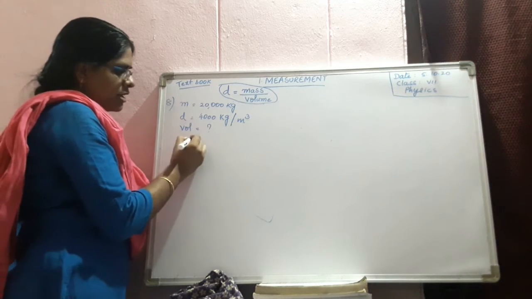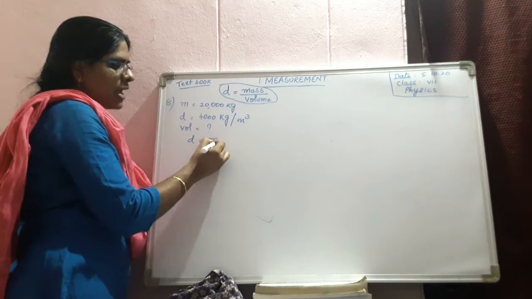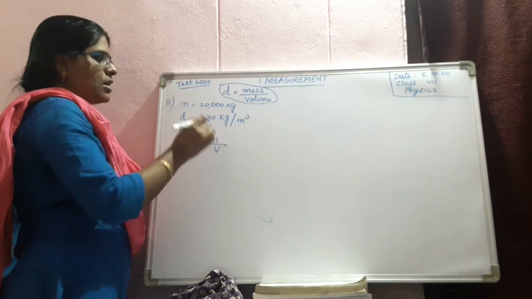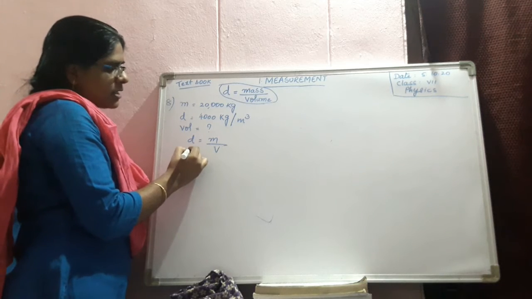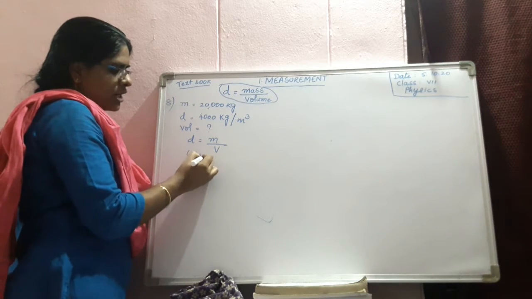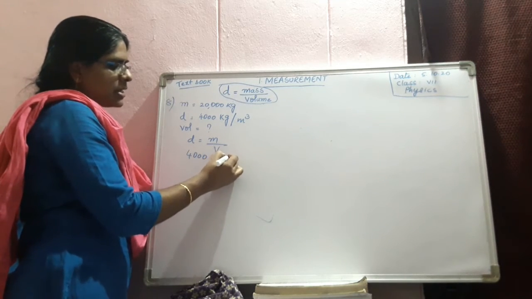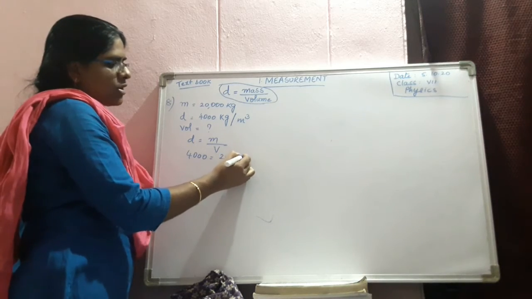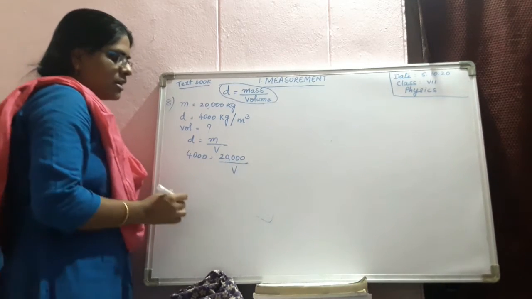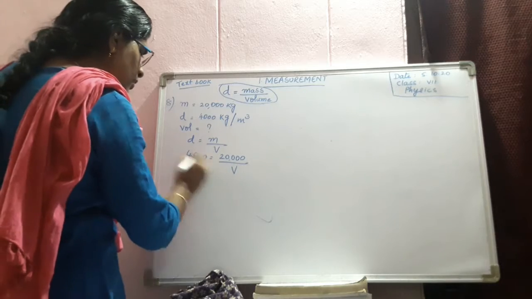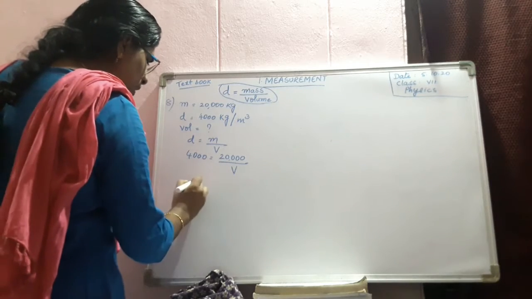Look here. D equals m by v. Density is 4000 equals m, which is 20,000, by v. Take v to the other side.